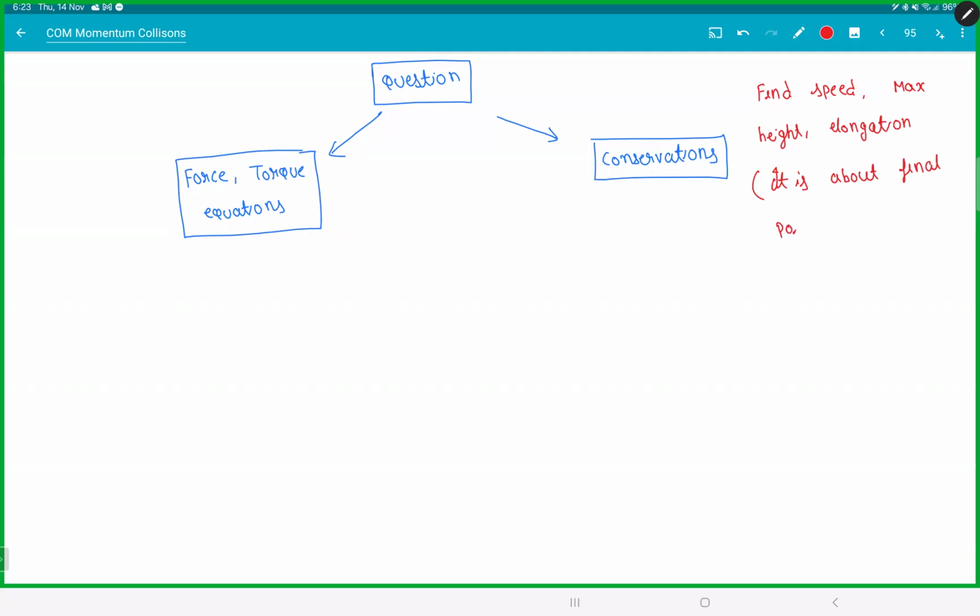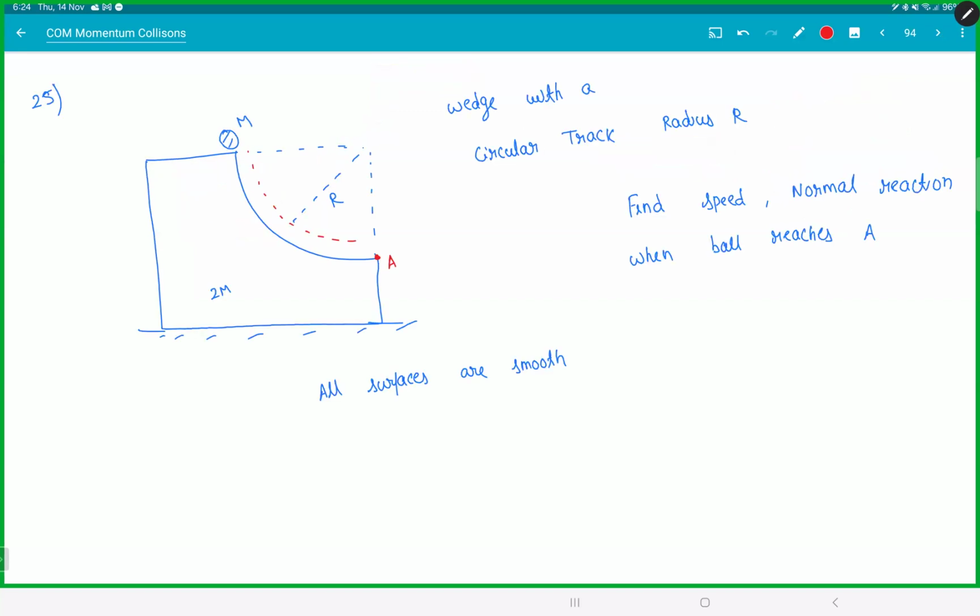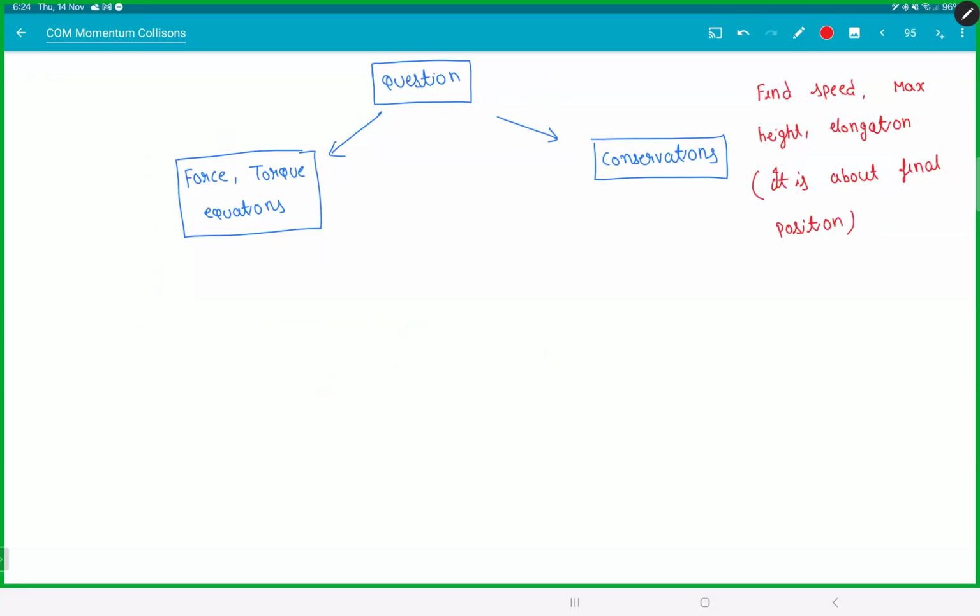It means I don't care what is happening in the middle. I just want you to find the speed there, find the position there. Like in this previous question, I want you to find the speed at A. I don't care what is happening in the middle. So when you hear these kind of words, generally maximum, 99% of the time, it is conservation.